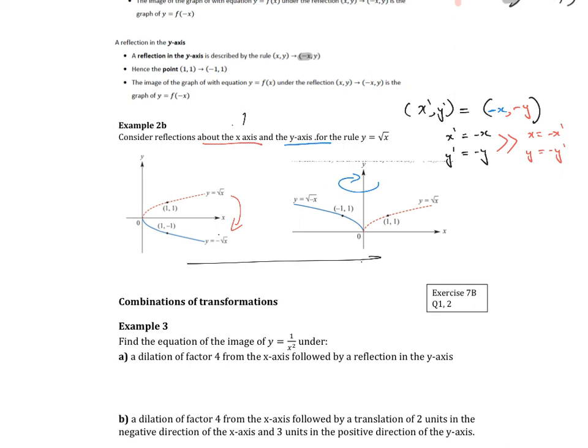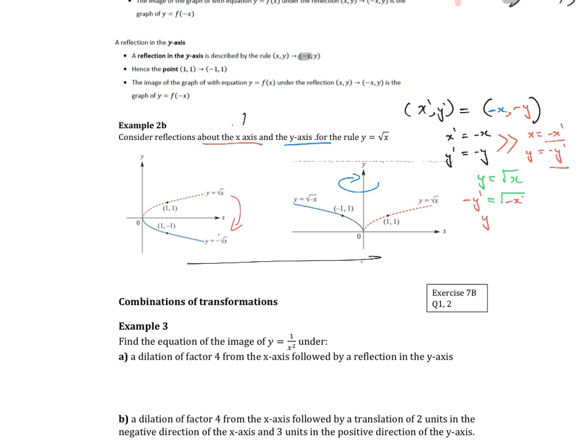So I do know starting off, y is equal to the square root of x. So y is equal to -y dashed, so we get -y dashed there, and x is equal to -x dashed there.